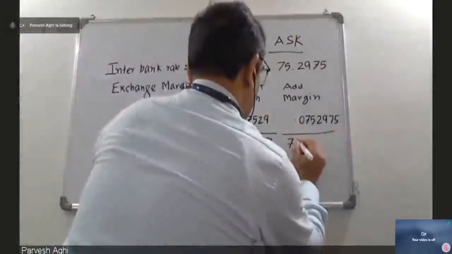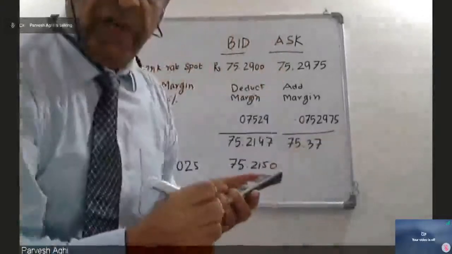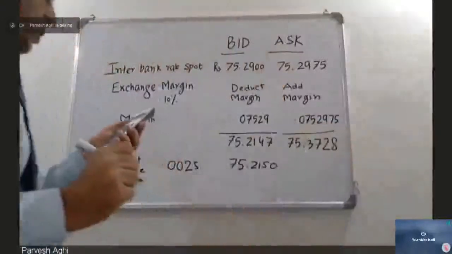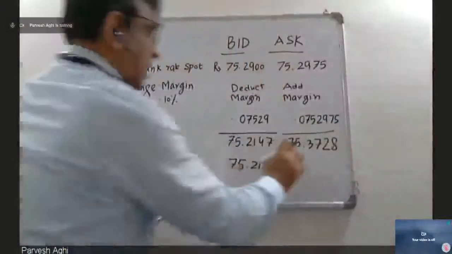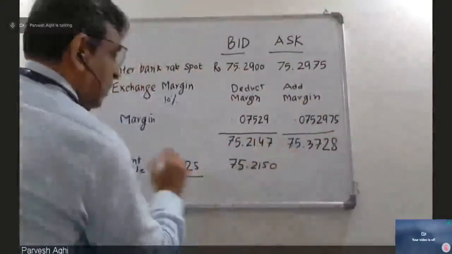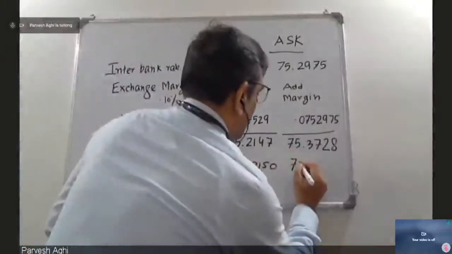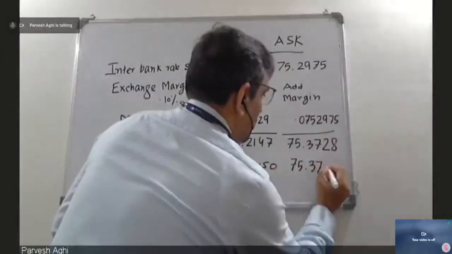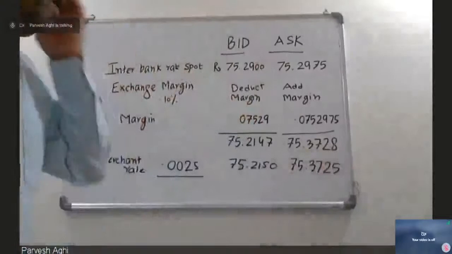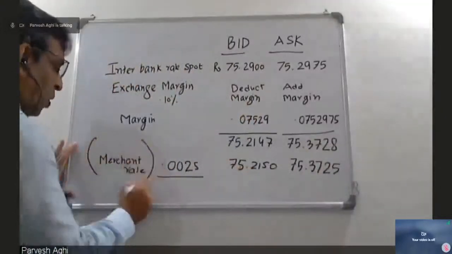So we get 75.3728, though it was coming 279, so I made it 3728. Now this also has to be rounded off to a multiple of 0.0025. So this can be 75.3725. So I have rounded off to 0.0025.